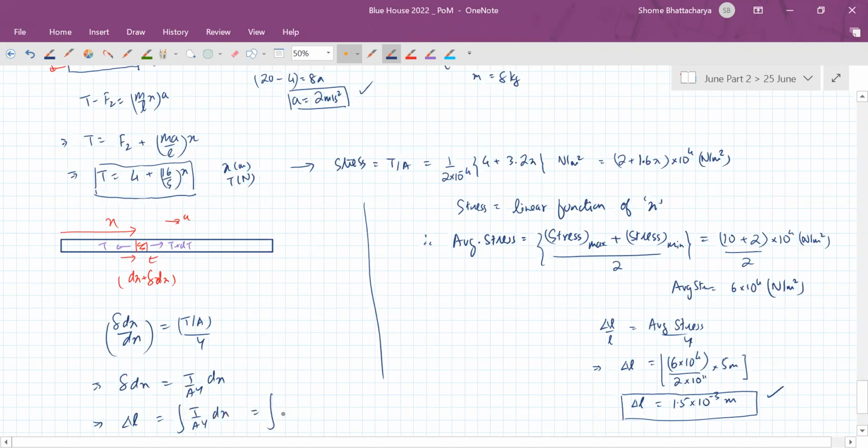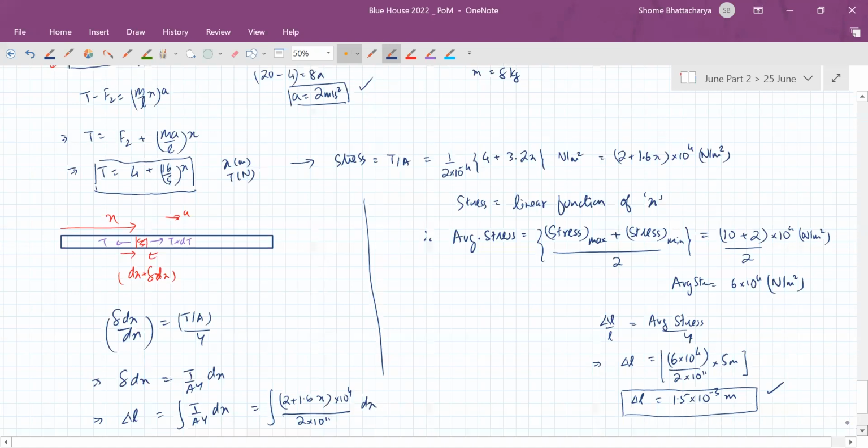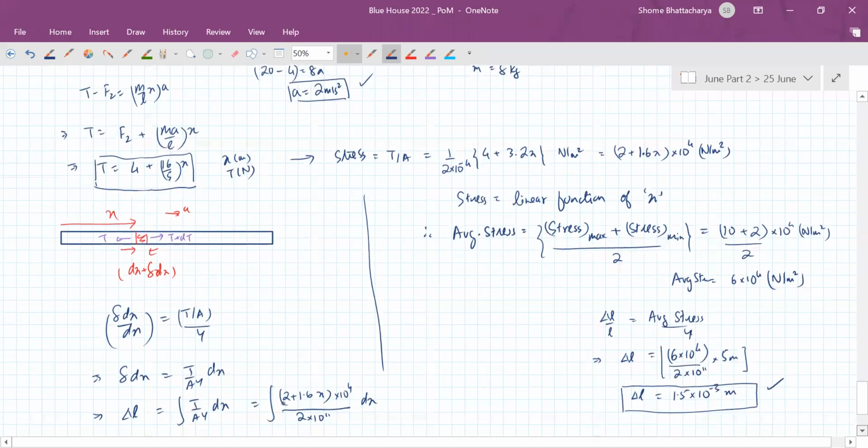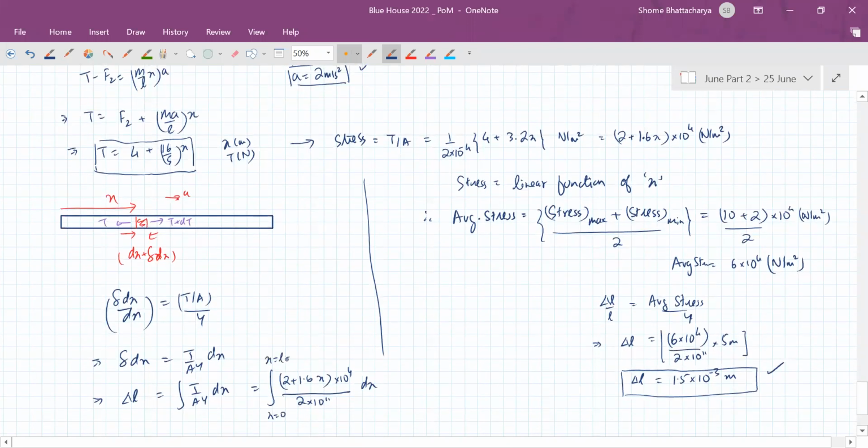So this stress was this value. Young's modulus was, so when you do this, you get the same.